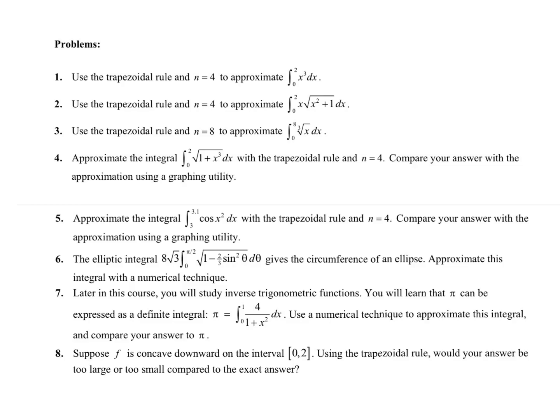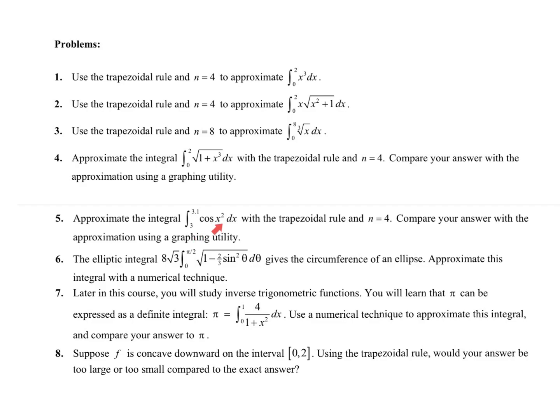Welcome back to a new set of problems, and this lesson is about using the trapezoidal rule to find the area under a curve. It's an important subject because, as you know, there are some functions whose area under the curve you cannot find, like for example, cosine of x squared.